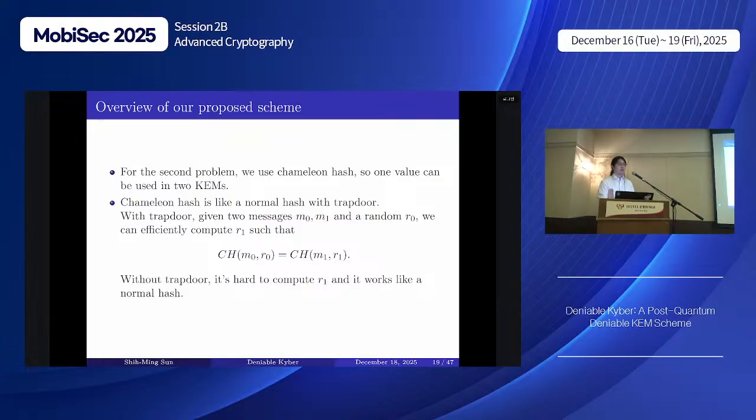So specifically, what kind of chameleon hash function did you use in your construction? Is it just an abstract one, or do you have a specific instantiation, or just a theoretical approach?